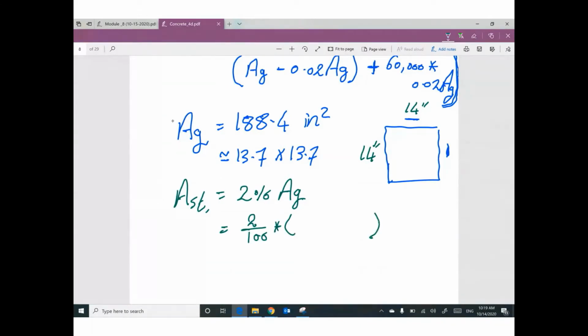This one or 14 times 14? It's not a big deal. If you use this one, that's okay. If you use this one, it will be more okay. It's up to you. Because do you remember 13.7? I modified it to be 14, so I have a new area gross. Anyway, it's not a big deal for this one.